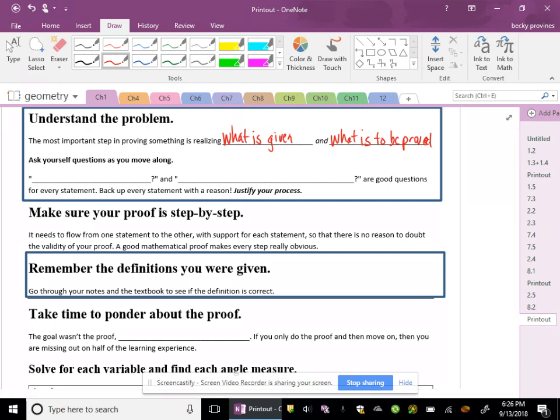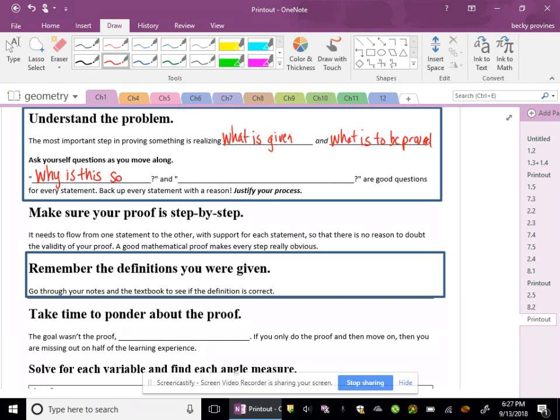So, a couple questions as you move along. The first one is, why is this so? So when you're moving through a proof, you do a step and then you have to justify that step. And again, we're going to talk about this more as we get down through the notes.